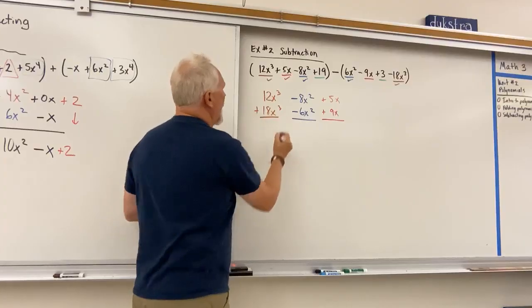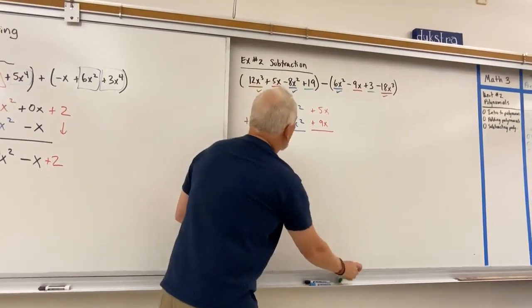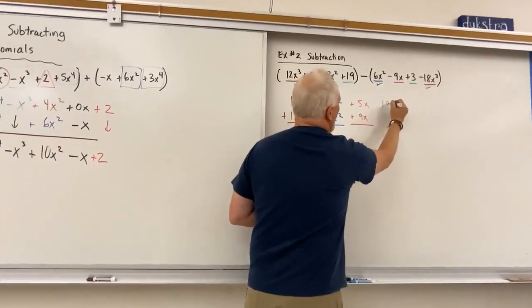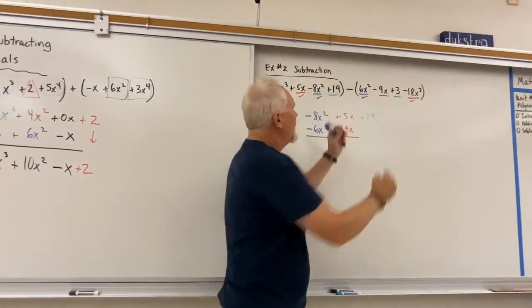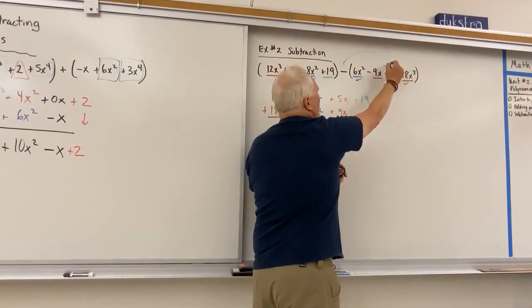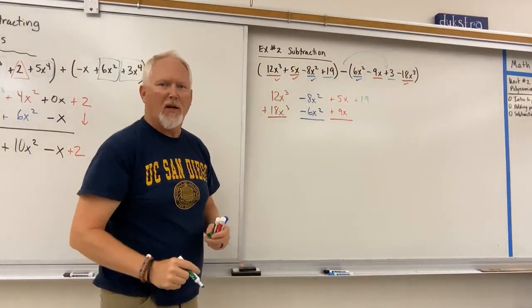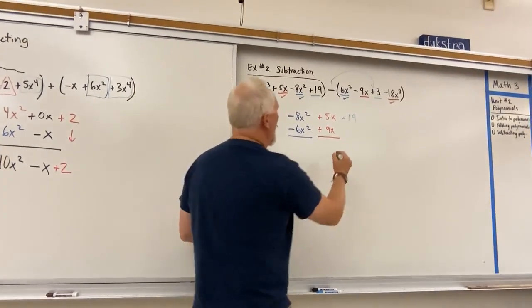And finally, we have our constants. Our constants were 19 and a minus, but when I take that minus over here to this plus, it changes that to a negative, right? So maybe we have to distribute that negative. So minus 3.